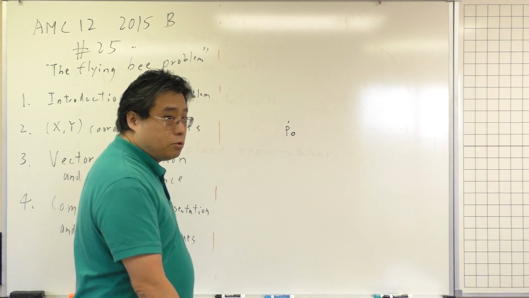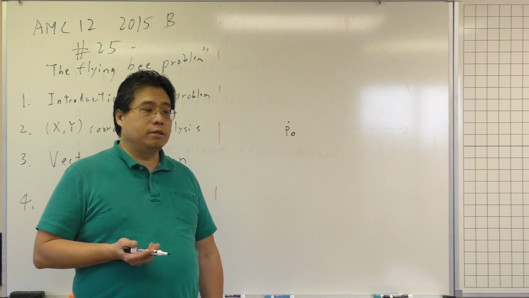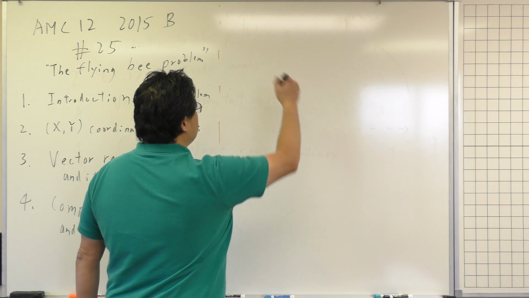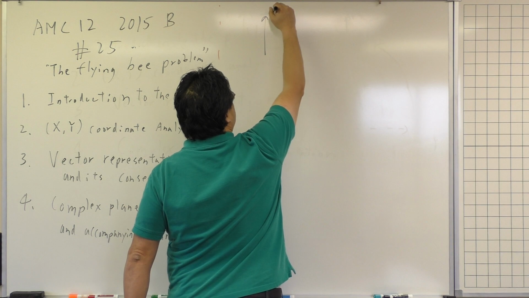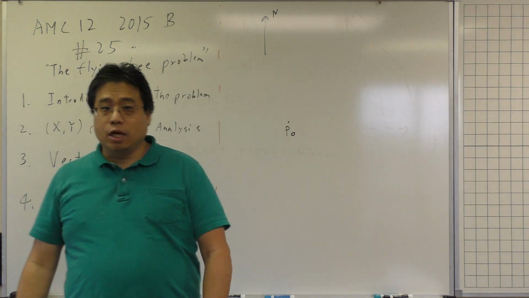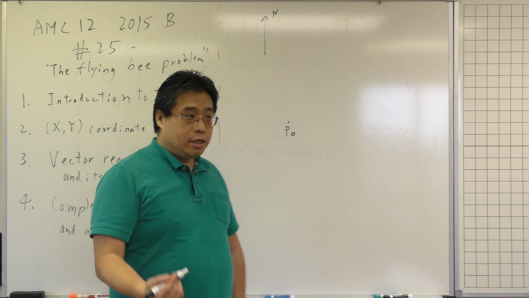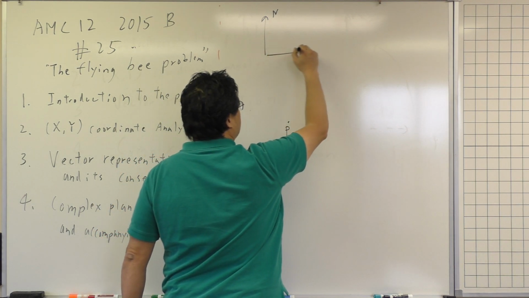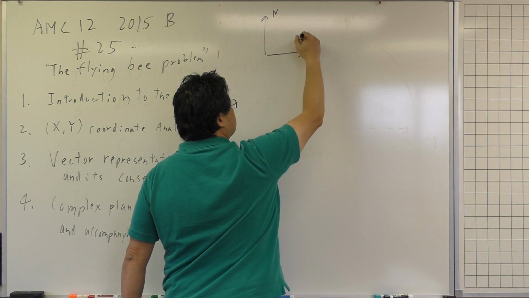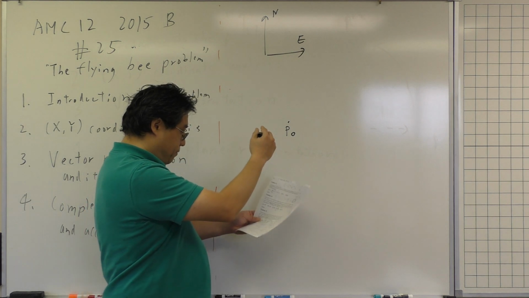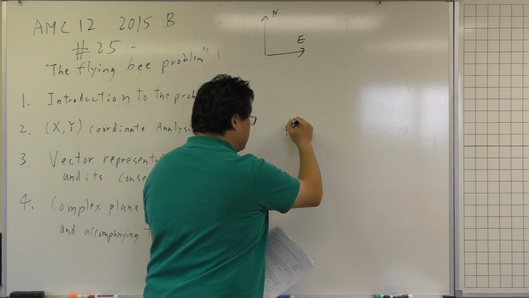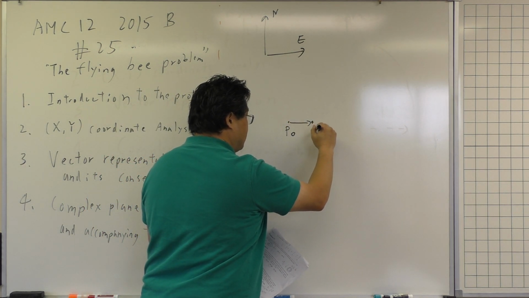So I'll use the most common direction, namely making the up direction north. If you make the up direction north, then the east has to be to the right. So the bee will be flying 1 inch east to P1.